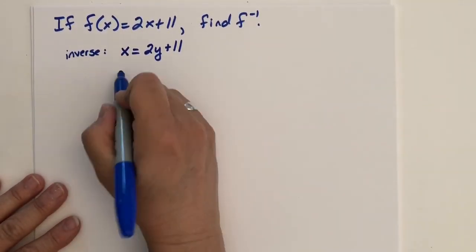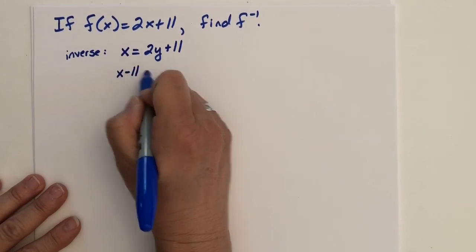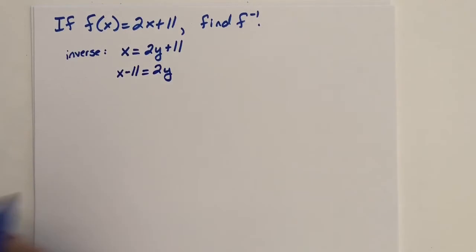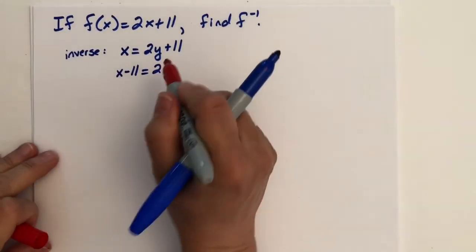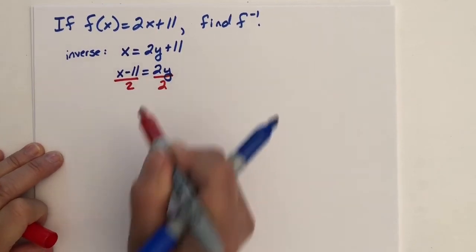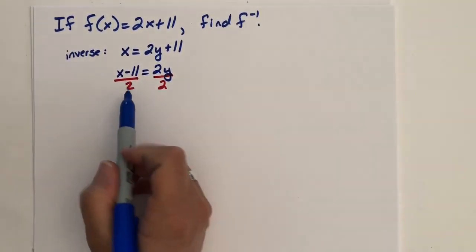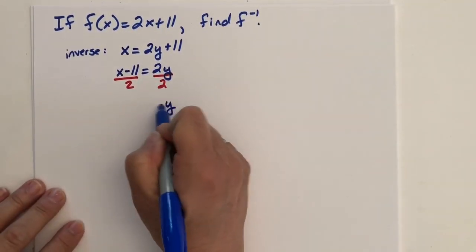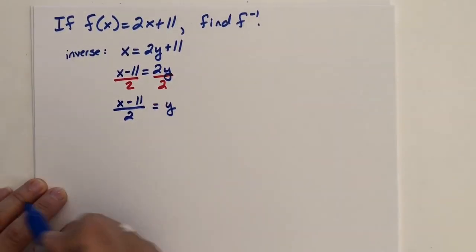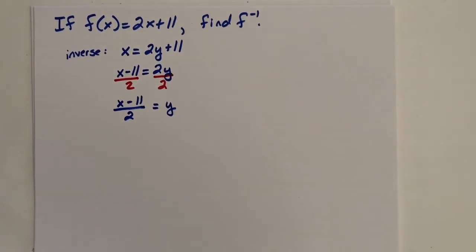So let's subtract 11. And now divide by 2, and notice we're going to divide the entire function by 2, both sides, and we get y equals x minus 11 over 2. So that common guess that people have wasn't too bad.